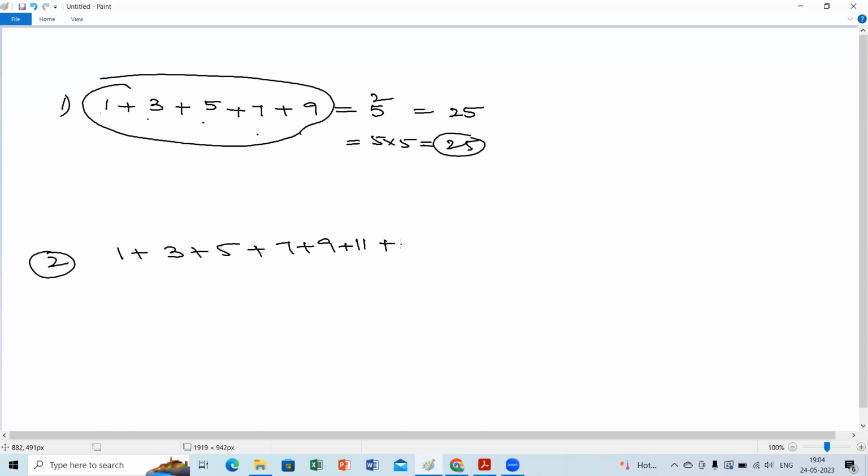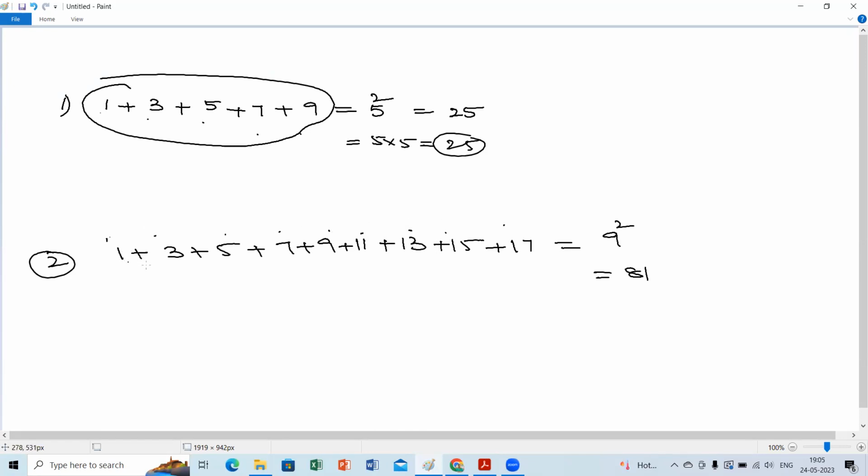9 square, or 81. Yes, 9 square, which is 81. Very good. Children, just count the number of odd numbers: 1, 2, 3, 4, 5, 6, 7, 8, 9.